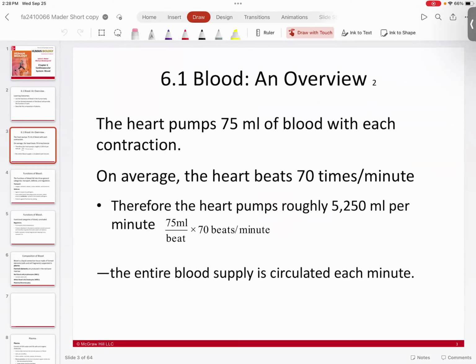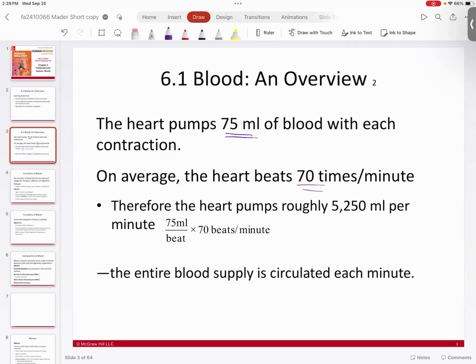So when we take a look at the heart, roughly with each contraction, you're pumping out about 75 milliliters of blood. And we saw before that on average, you're beating about 70 times per minute. Of course, that varies, right? So if you are stressed out or if you're working out, that's going to be higher. If you're relaxed, it's going to be lower.